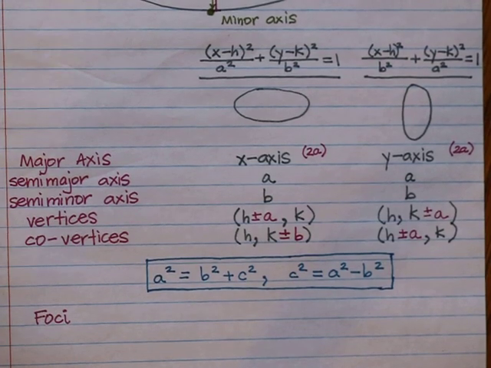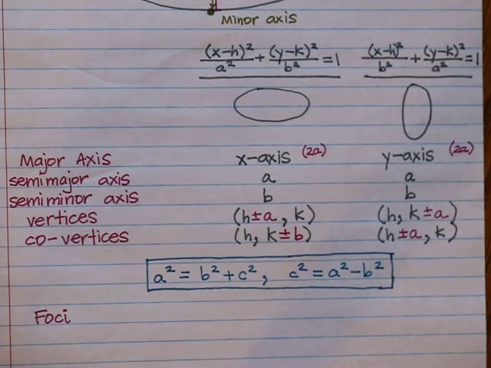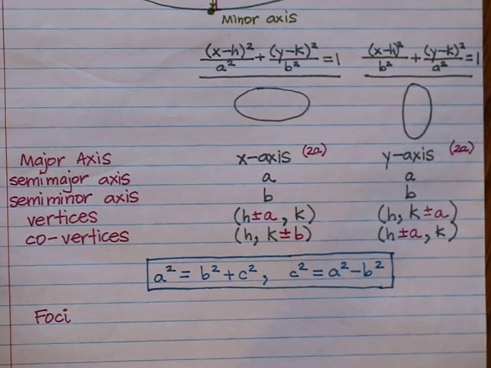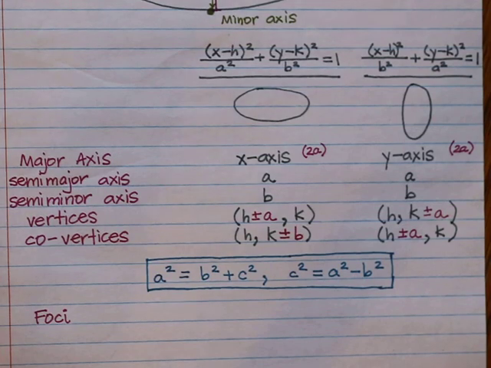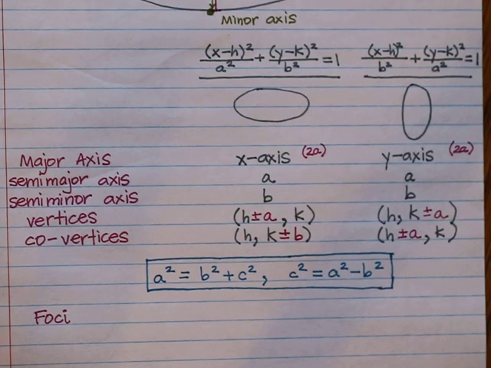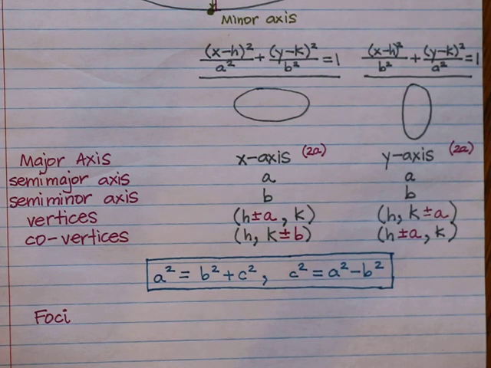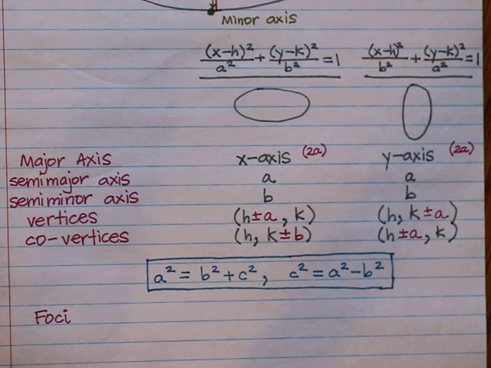Just know that we are going to use that equation to find what C is so that we can determine where our foci are. That's a key piece of what we're looking at. And so we are going to use that equation.